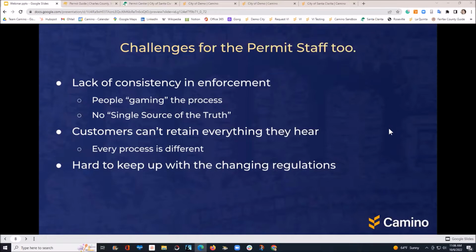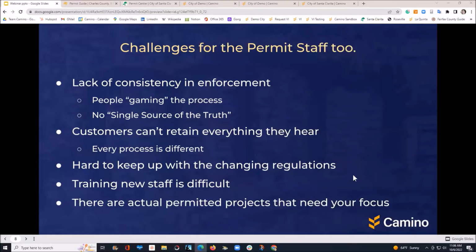It's hard to keep up, and errors can happen. We also have new staff coming on, and training them is difficult. The building official knows the processes, and there might be a permit tech who's been there for 10 or 20 years and knows it, but there are a bunch of people who know it pretty well, and there are opportunities for mistakes.